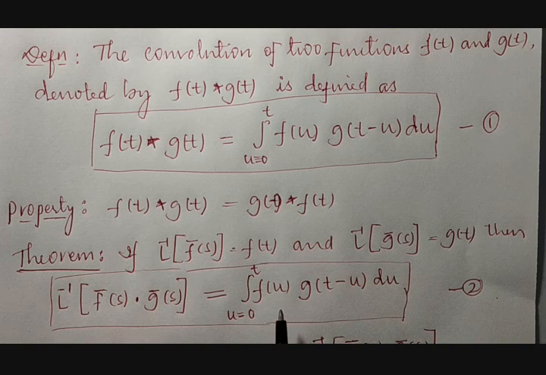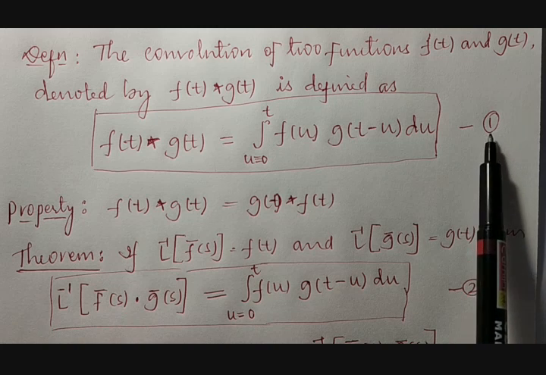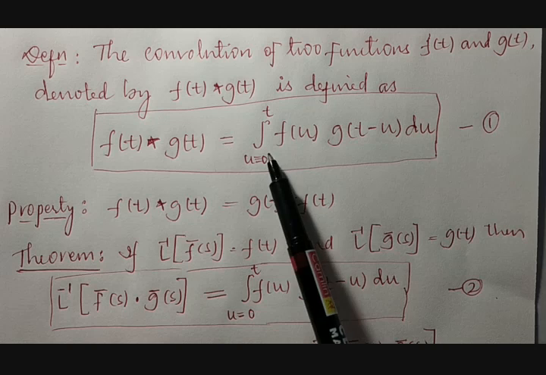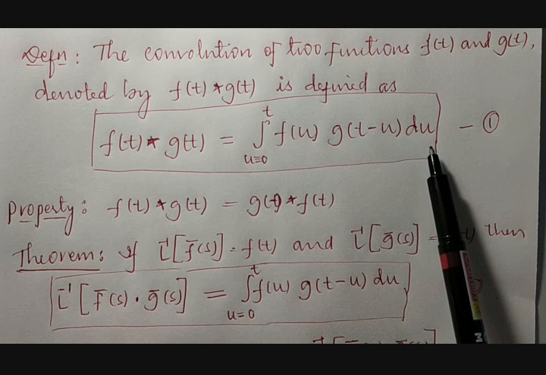The convolution theorem will help you to find the product of Laplace transformations and its inverse. If you take the definition as equation number 1 and the convolution theorem result as equation number 2, you can see the right-hand sides of both are the same: integration of f of u g of t minus u with respect to u.